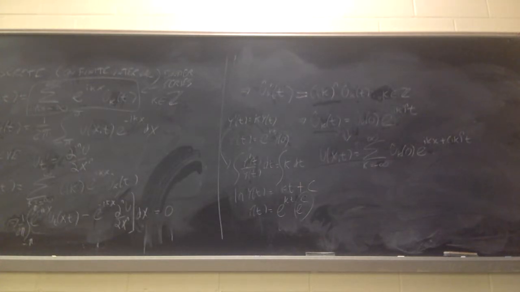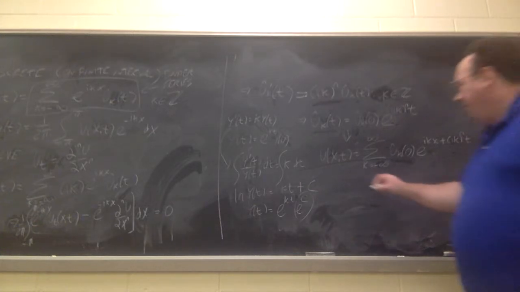And so how is that wave propagating? How is its amplitude changing with time? This gives the amplitude for the initial condition. But how does that change over time? Because it's going to get multiplied by some factor coming from here.